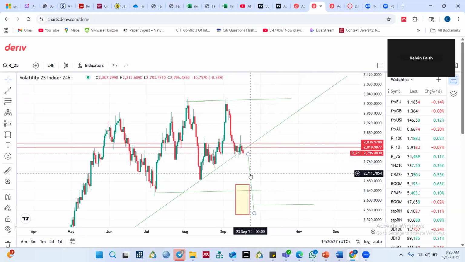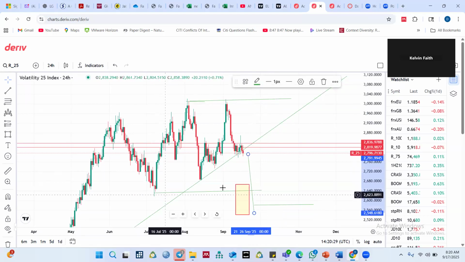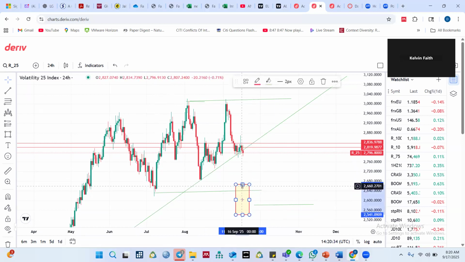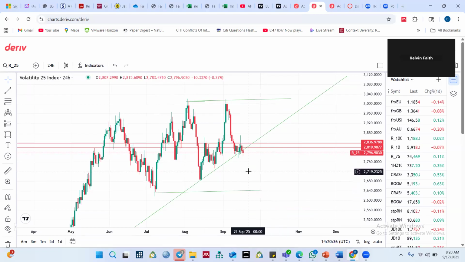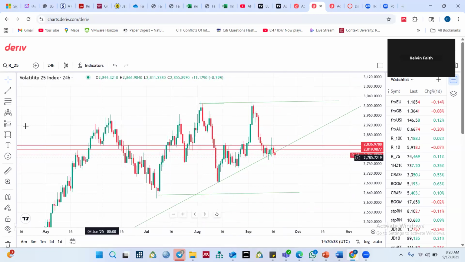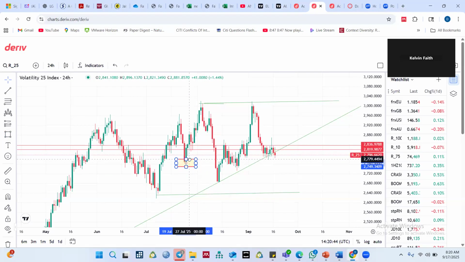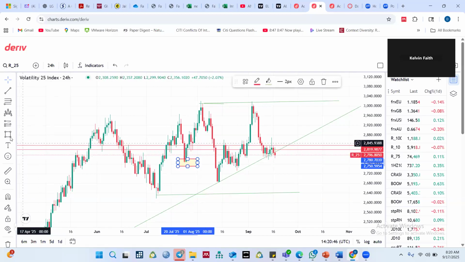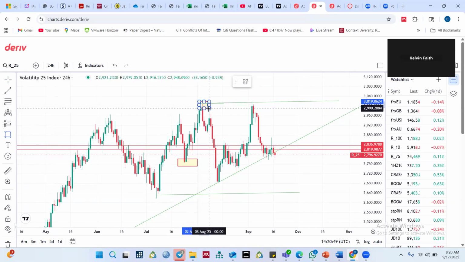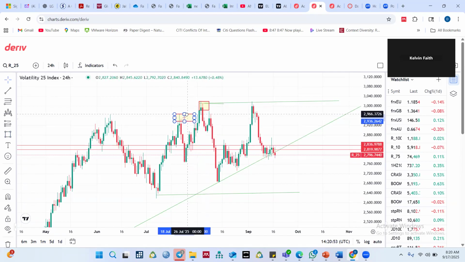But until price drops to take this low, for me, I am not seeing a bearish market yet. This low gave us this high, and this low also took out this internal high here before giving us this high here.